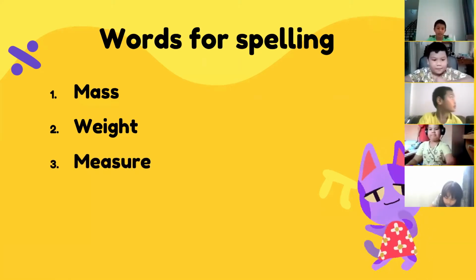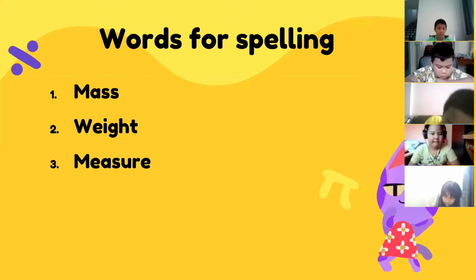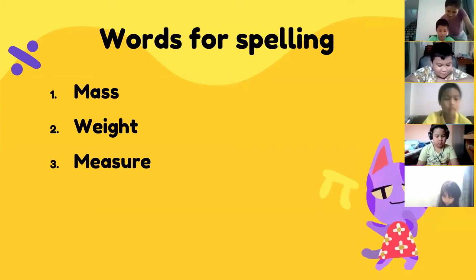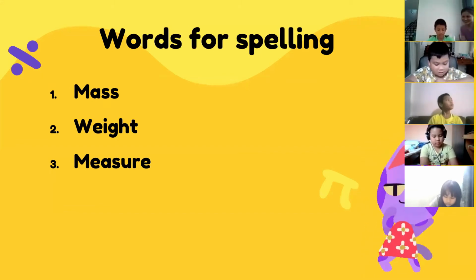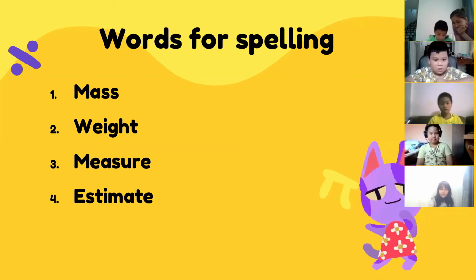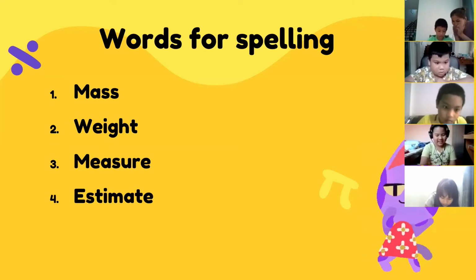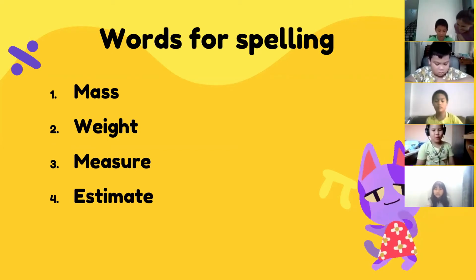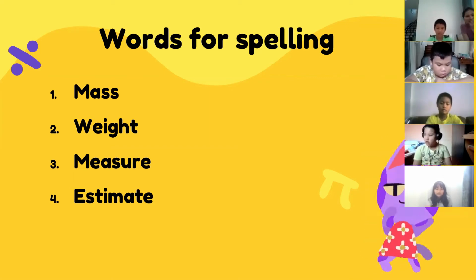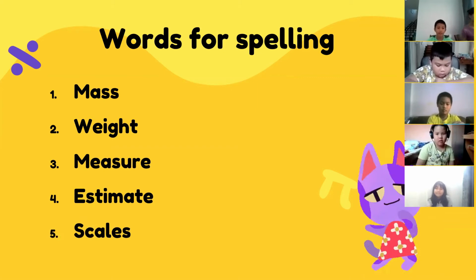Number 3, measure spells M-E-A-S-U-R-E. Number 4, estimate spells E-S-T-I-M-A-T-E. Again, E-S-T-I-M-A-T-E.